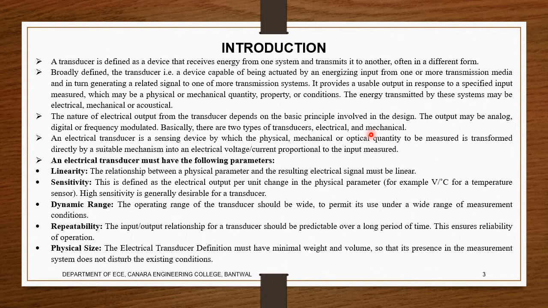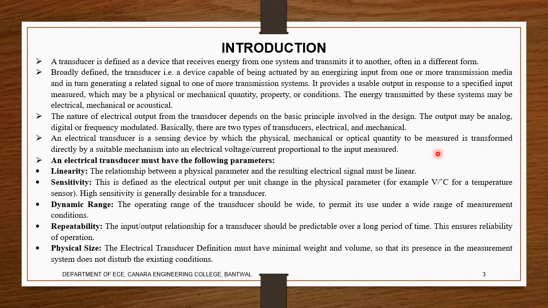An electrical transducer is a sensing device by which a physical, mechanical or optical quantity to be measured is transformed directly by a suitable mechanism into an electrical voltage or current proportional to the input measure. Whatever input you give is sensed by an instrument through some medium: physical, mechanical or optical.